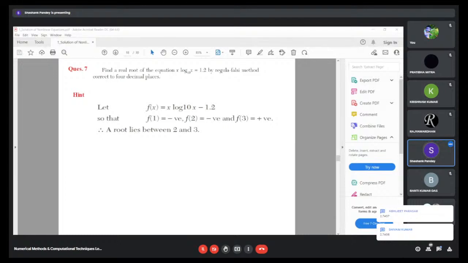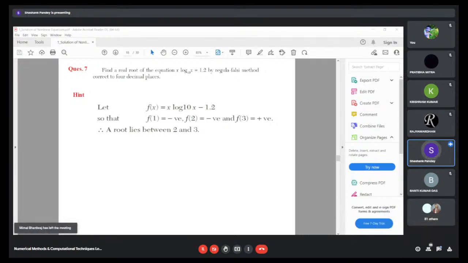Abhijit has also given. Raju has given. Shivam has given. Okay, that's very good.